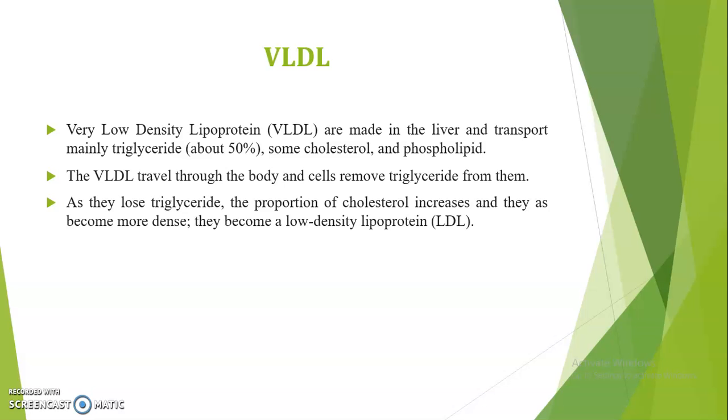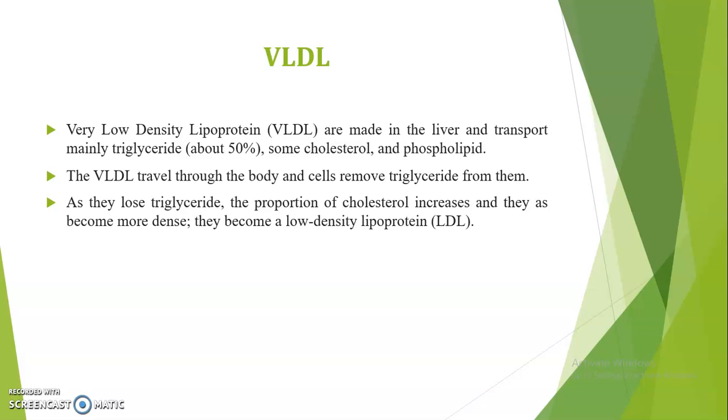As they lose triglyceride, the proportion of cholesterol increases and they become more dense. Means after losing triglycerides from the VLDL, the proportion of the cholesterol increases and they are converted into denser particles, and they are known as the LDL.